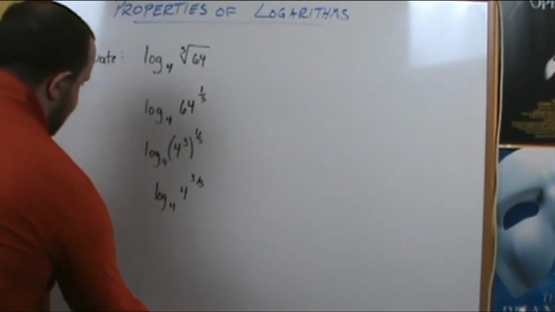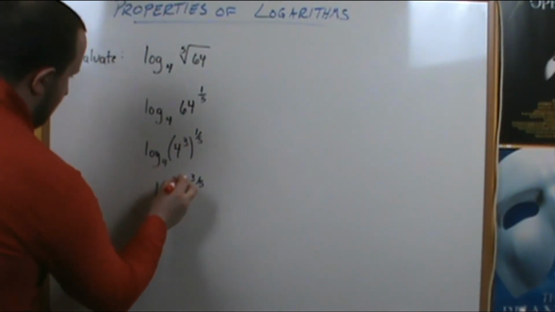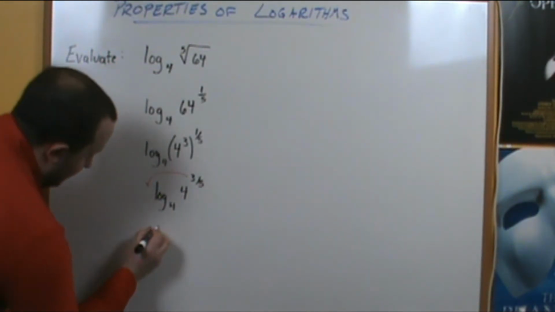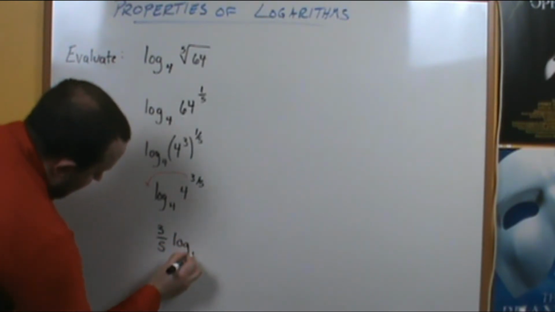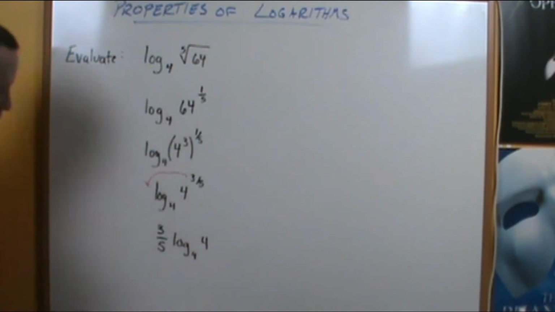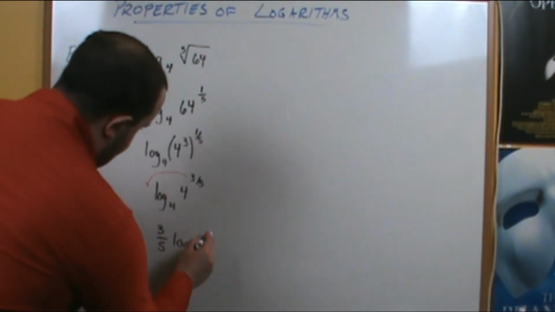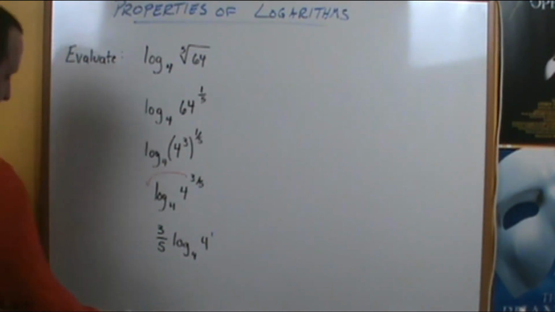And now we can use the power property of logarithms to bring this 3/5 out in front of the logarithm, and we'll get 3/5 of a log base 4 of 4. Now over here, this exponent is really 1. So now the interesting thing happens here.